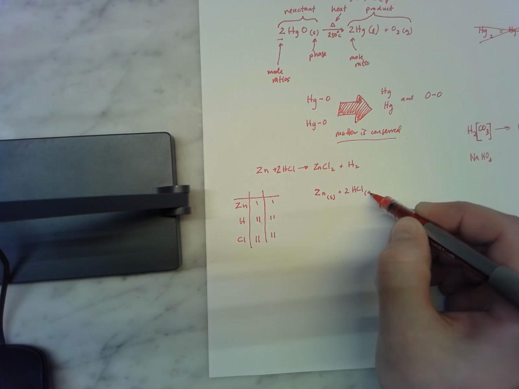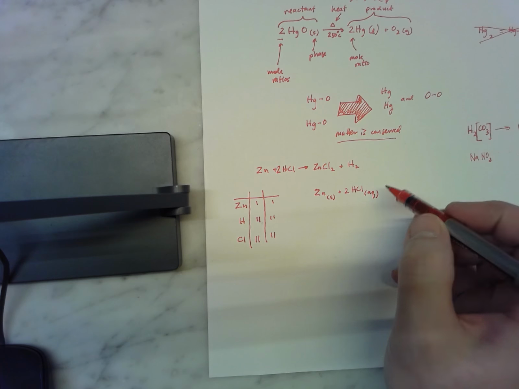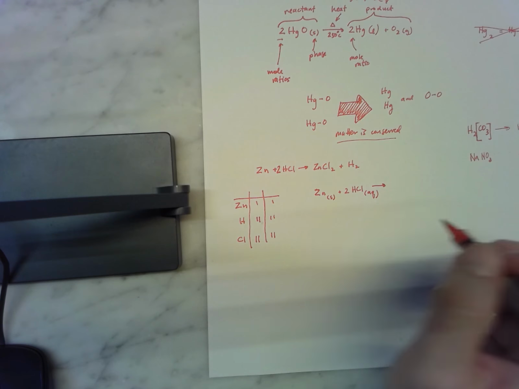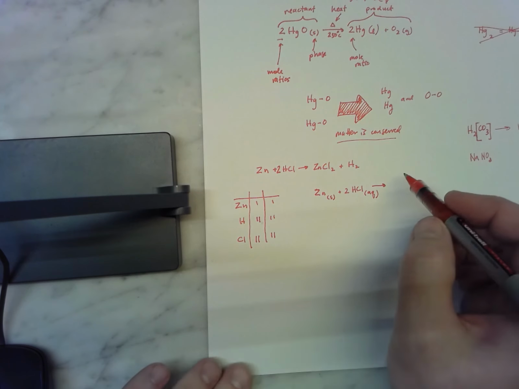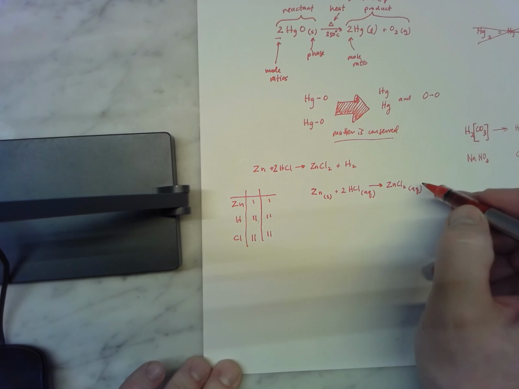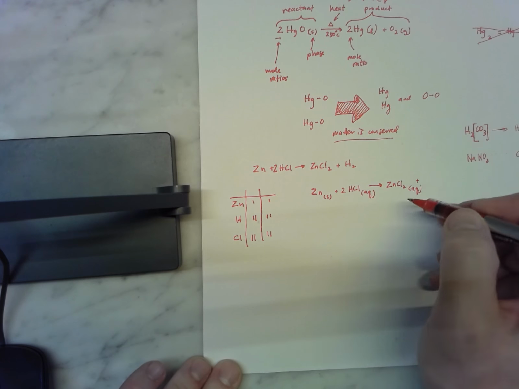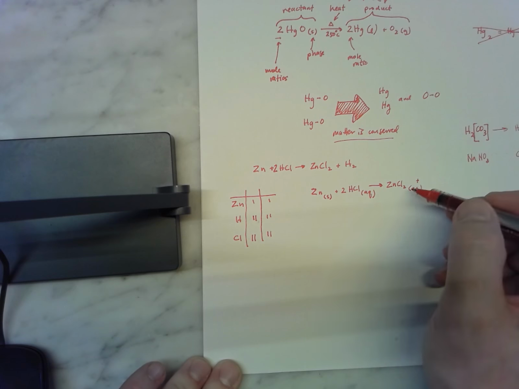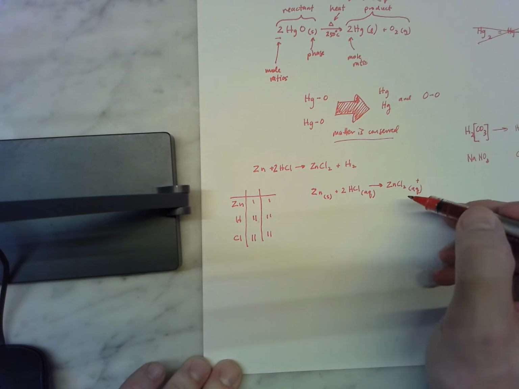Balancing never changes these states down here. You'll be told those, okay? Unless at some point we get to where we're trying to figure out solubilities or stuff like that. We're not trying to get into all of that right now. In a college course, you'd probably be asked to identify whether that was going to become a solid, because if it's not soluble in whatever solution you've got going on, it's going to become a solid precipitate here, and you might have to label those.